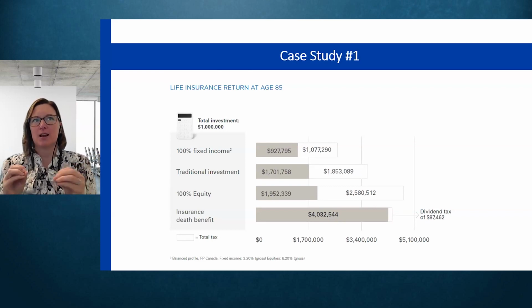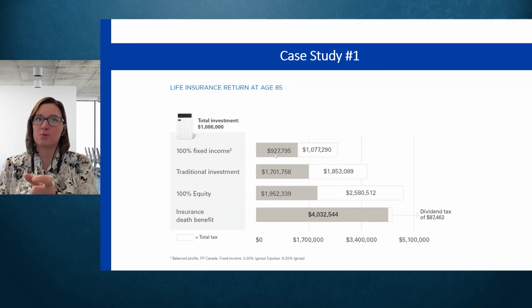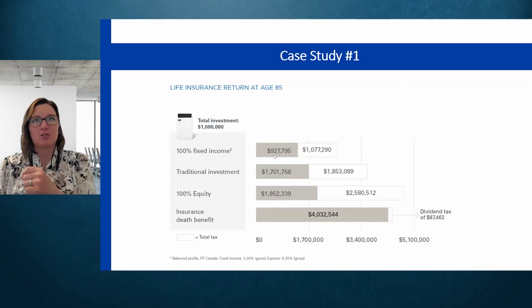If the client decided that they wanted to put that same dollar amount into just fixed income, for example, they would have grown that amount after taxes are taken off to 927. After you take the taxes off the top, a fixed income, remember it's in a company, 50% taxation, it's going to be maybe not the best suggestion.